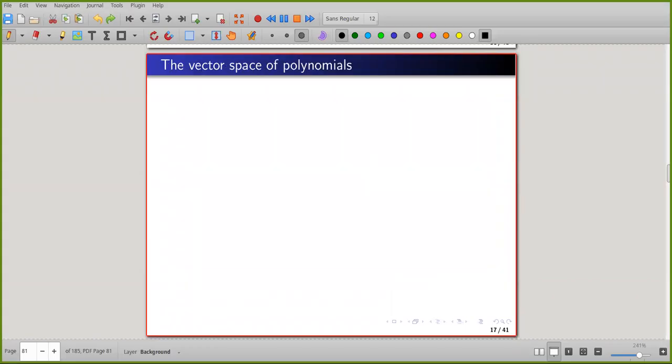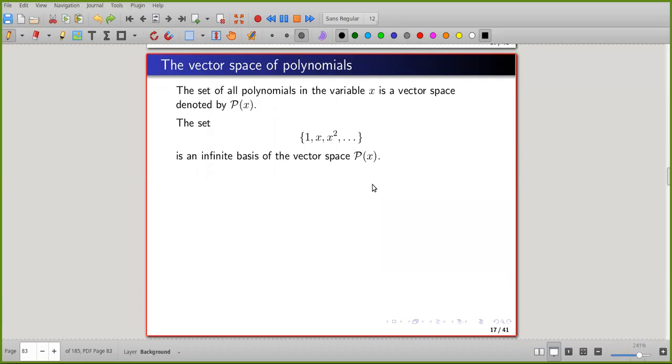So here comes our non-trivial example, the one which I was referring to earlier. Let's look at the vector space of polynomials. The set of polynomials in one variable x is a vector space, which is obvious, and we denote this by P(x). The set 1, x, x squared, and so on is an infinite basis of the vector space P(x).